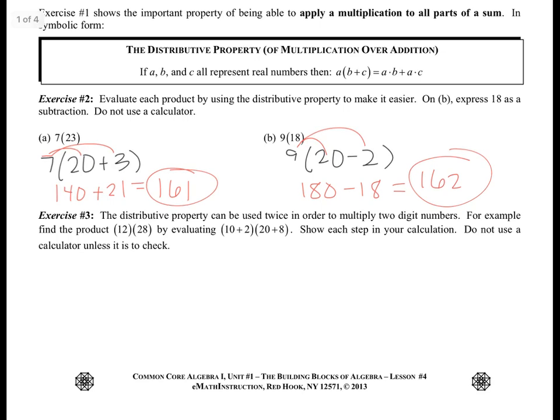The distributive property can be used twice in order to multiply two-digit numbers. For example, find the product of 12 times 28 by evaluating (10 plus 2) times (20 plus 8). Show each step in your calculation. Do not use a calculator unless it is to check. So 12 is 10 plus 2, and 28 is 20 plus 8.